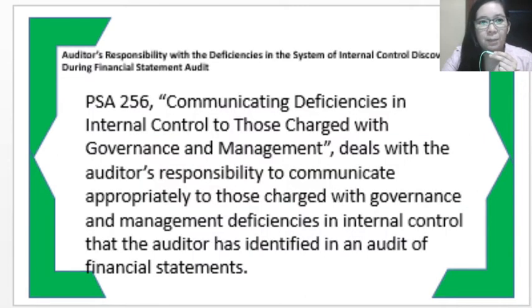In PSA 2556, entitled Communicating Deficiencies in the Internal Control to Those Charged with Governance and Management, this standard deals with the auditor's responsibility in communicating appropriately to those charged with governance as well as to the management any deficiencies in the internal control that he has identified in an audit of the FS.